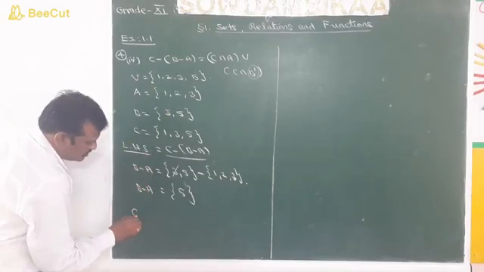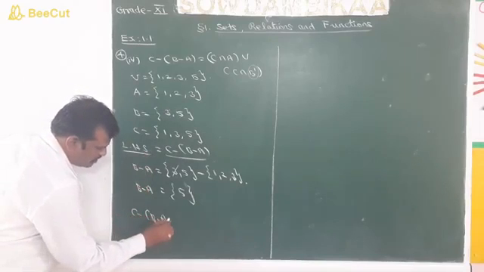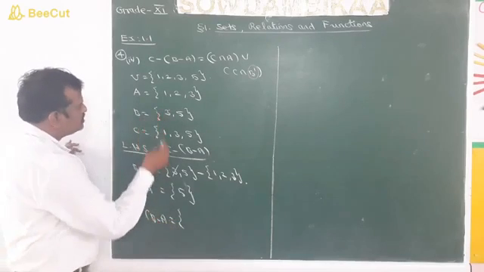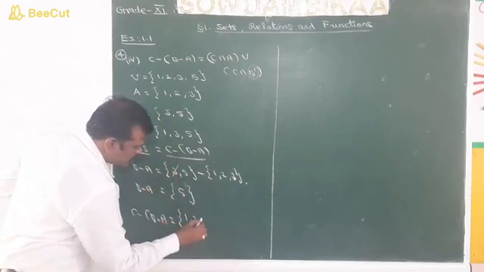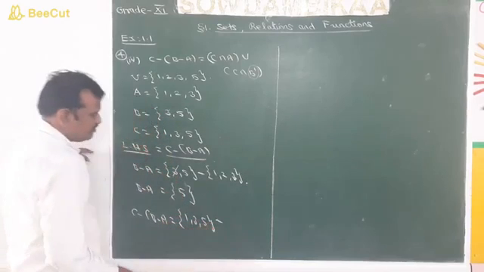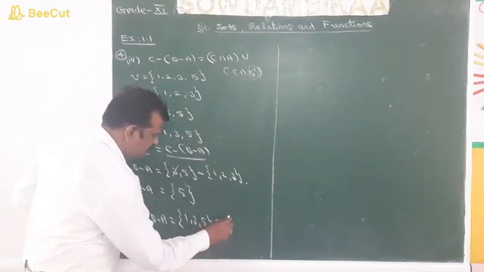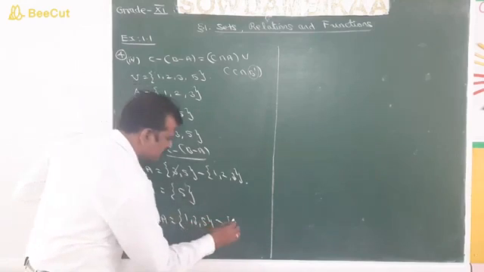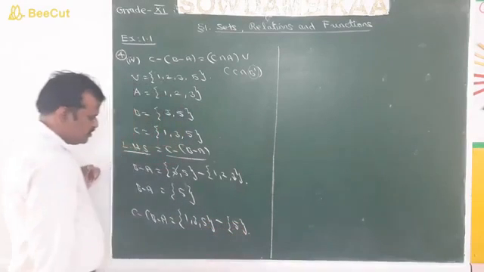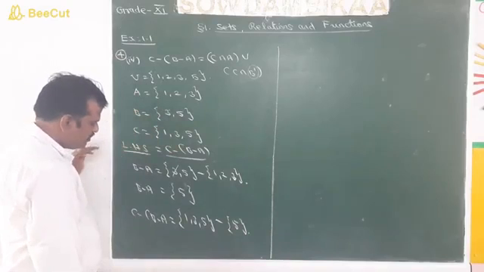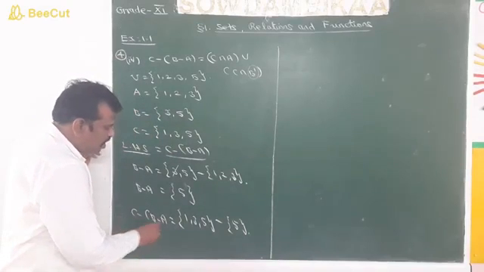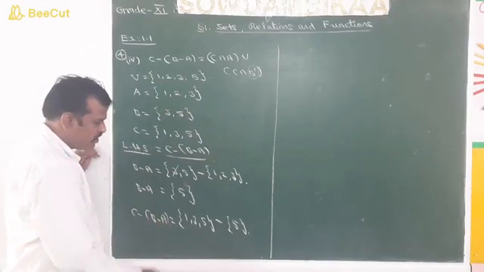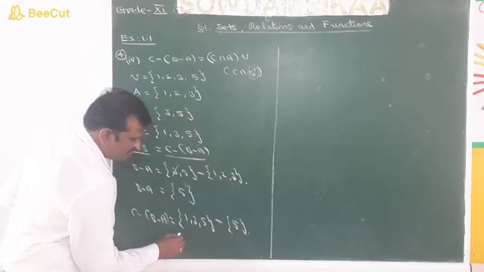Next we have to find C difference, B difference A. What is C? C is nothing but 1, 3, 5. Difference. And B difference A is, what is B difference A, which is nothing but 5. So we have to calculate the elements of C not in B difference A. So what are the elements here we are having?